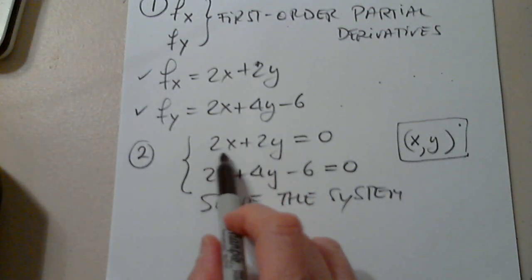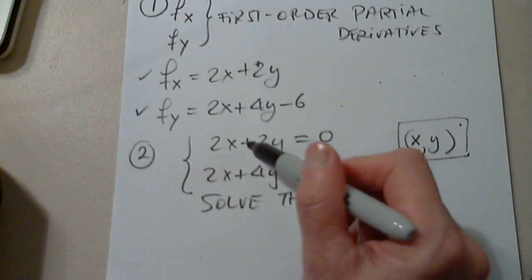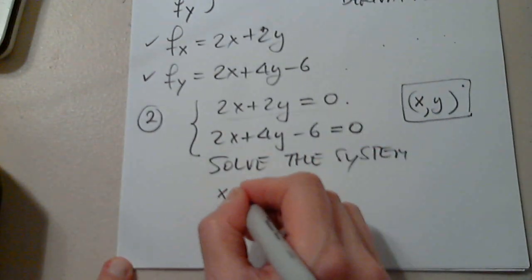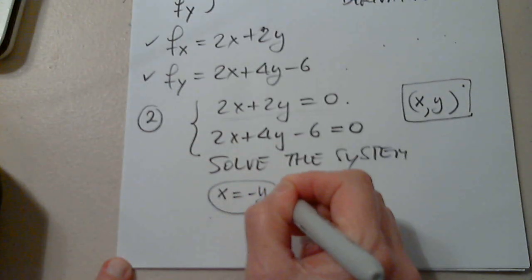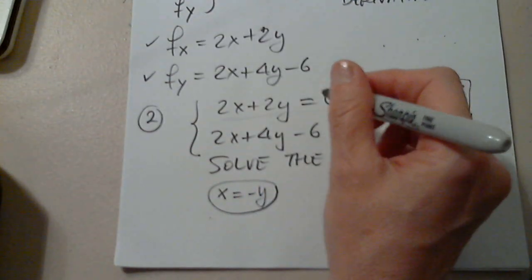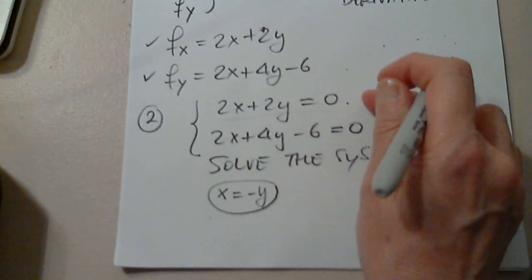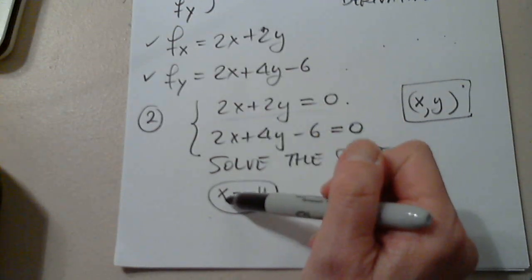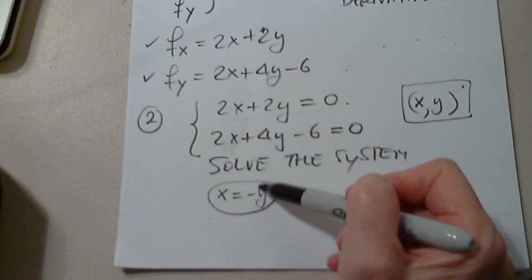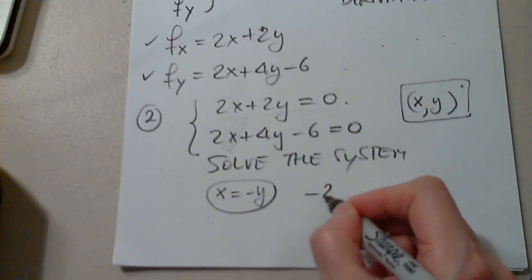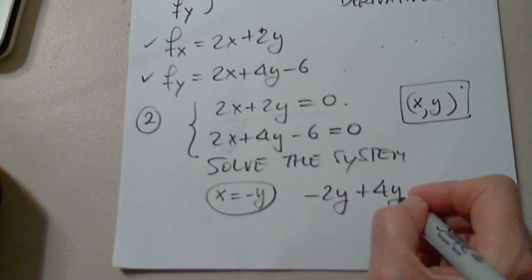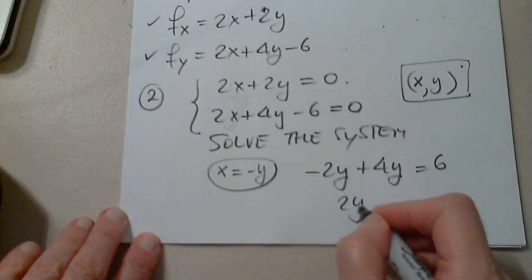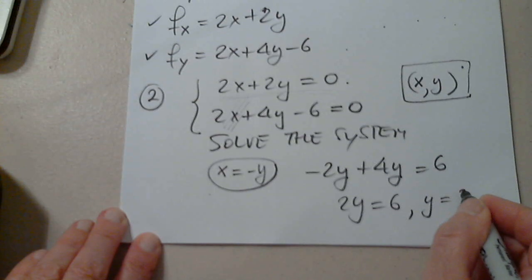Okay, so notice that here I can divide by 2 and move y to the other side. So x equals negative y. I got this from here. I divided both sides by 2 and then I moved y to the other side. I will use substitution and replace x by negative y. So negative 2y plus 4y equals 6. 2y equals 6 means y equals 3.